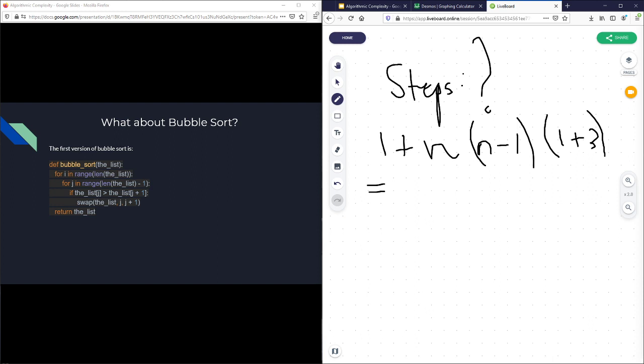Agreed. Okay, so then we have 1 plus 4 times n times n minus 1. And so now the question is, what is that the big O of? Or n to the 2. Right, so you're going to claim. So let me just write this in a different form. 1 plus 4.